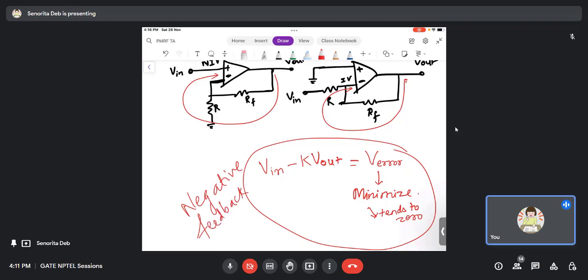Now the other type of feedback is the positive feedback, where you take the value and you add it up, so that now the V error is not going to 0, but the voltage is actually trying to increase. Even if you remove the Vin, it doesn't matter, the circuit will drive itself.